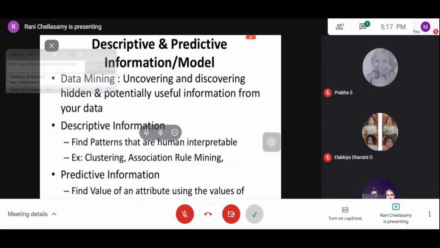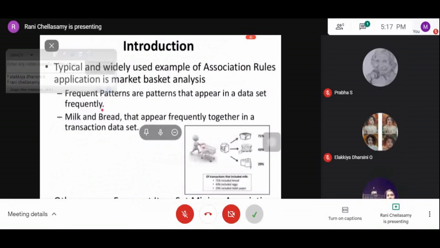Here, among the widely used association rule applications, the best one is market basket analysis. In market basket analysis, we'll be finding the frequent patterns. What do you mean by frequent patterns? The patterns that appear in the data set frequently, that is, the occurrence of the patterns appearing frequently, are called frequent patterns.